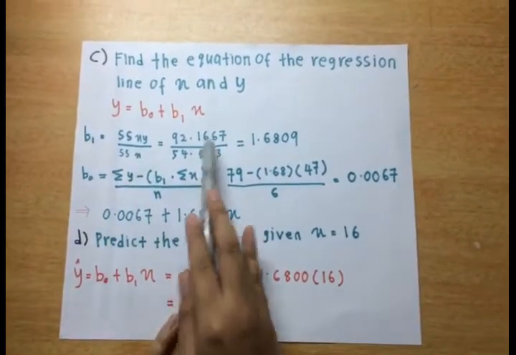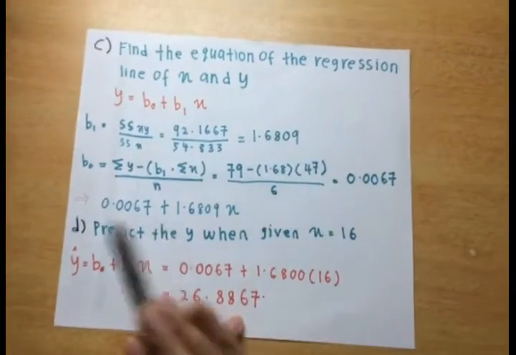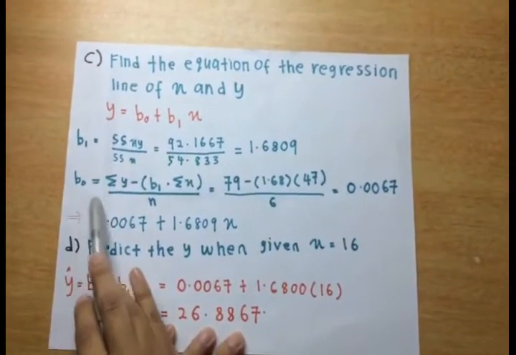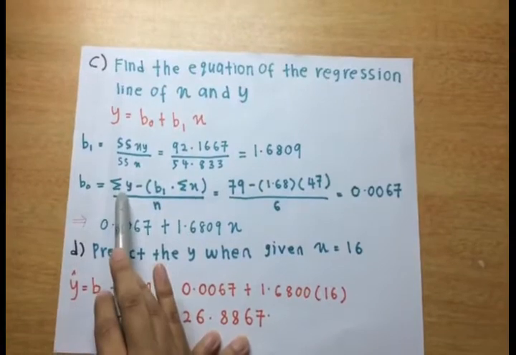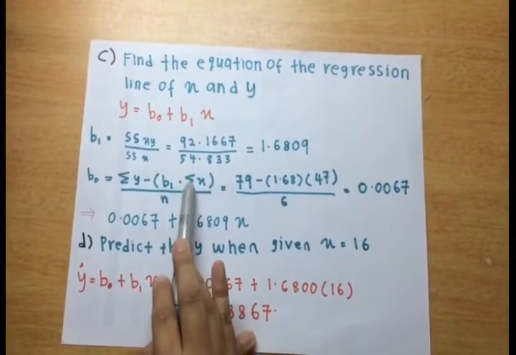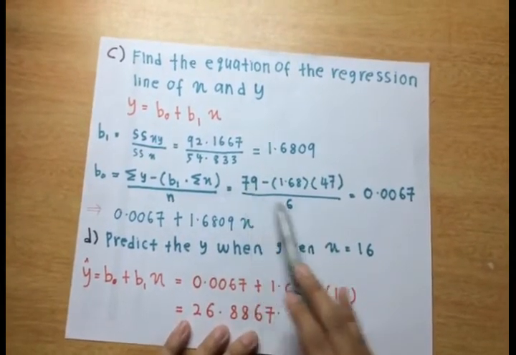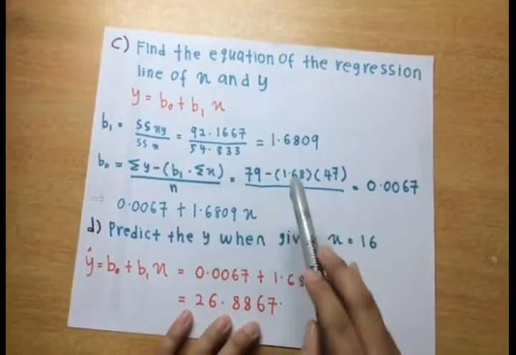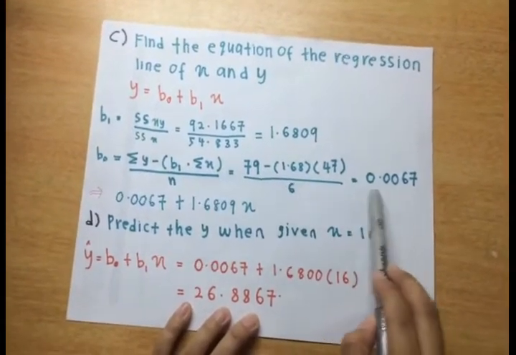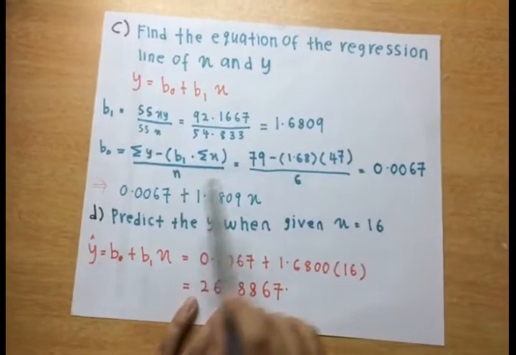So we got 1.6809. For b naught, the formula is summation of y minus b1 multiplied by summation of x divided by n. We just substitute the values, and then we got the answer 0.0067. So that is the equation.